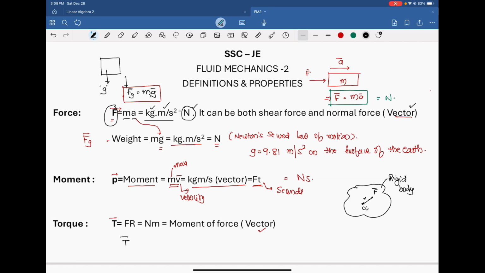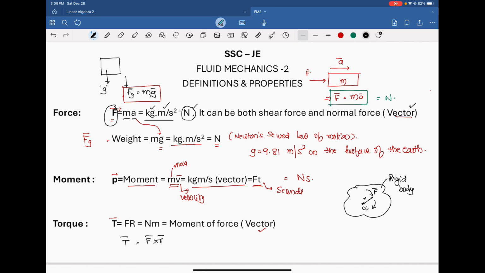Due to this force, there will be a torque developed. It tries to rotate the rigid body. If the center of gravity is here, Cg, about Cg, when a force F is applied at a distance of r from Cg, then torque developed is equal to F cross r.